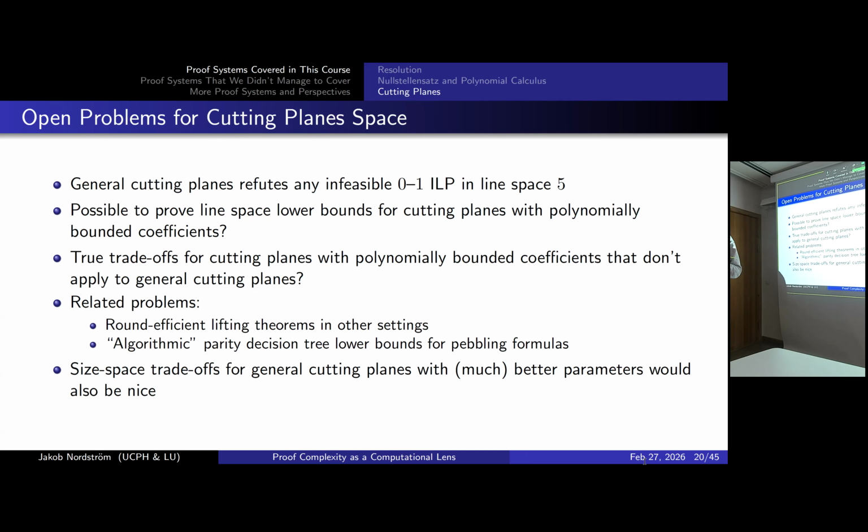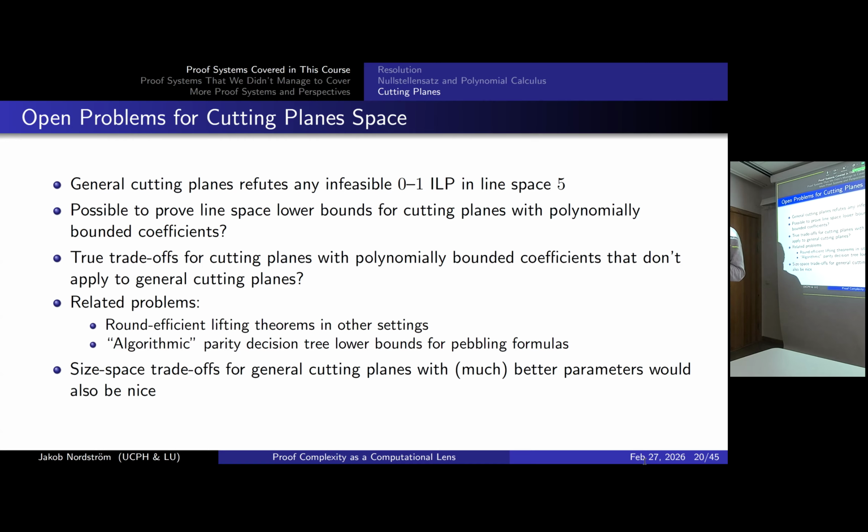So if we would prove better communication complexity lower bounds or better CP star trade-offs, then a necessary condition for doing this is that such a result would prove, in some algorithmically concrete way, hopefully, why parity decision trees don't solve this efficiently. So we don't have a round-efficient version of this.